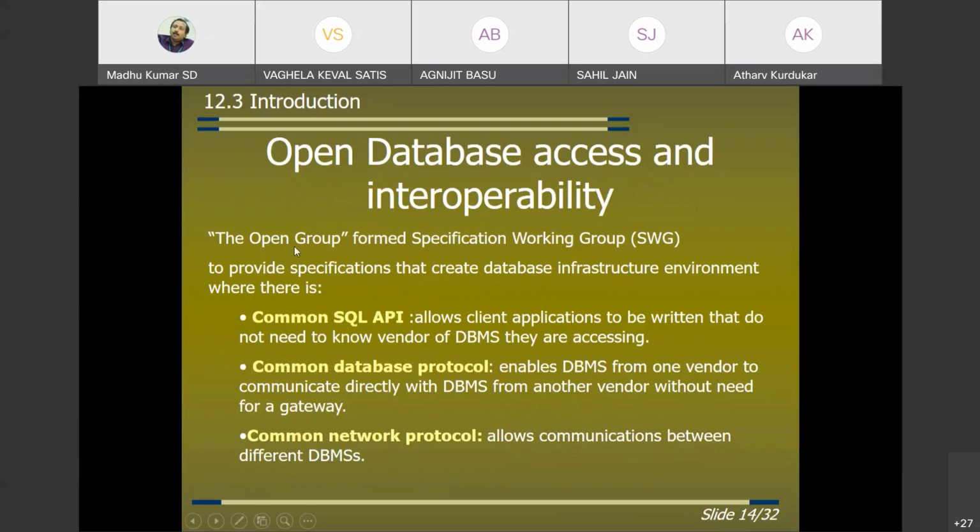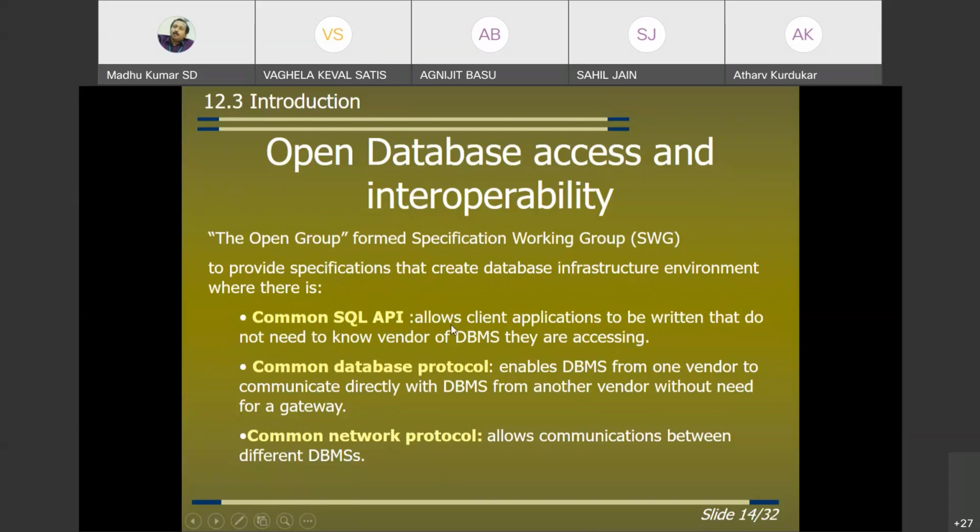Now there comes another issue, which is interoperability. The Open Group formed a specification working group, SWG, to come up with specifications for DDBMS that create a database infrastructure environment with a common SQL API, a common database protocol, and a common network protocol.